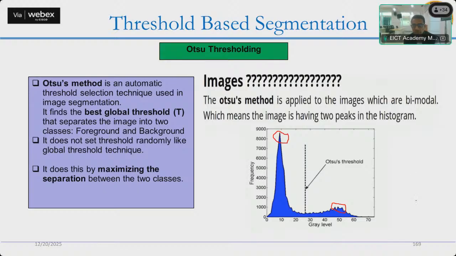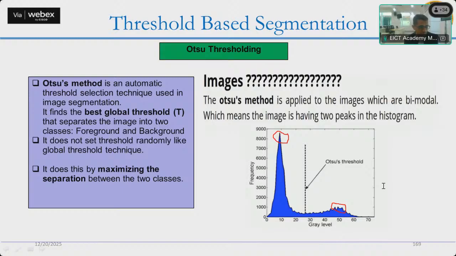Pravesh is saying, first we find the histogram, and on that basis we decide which thresholding to use.